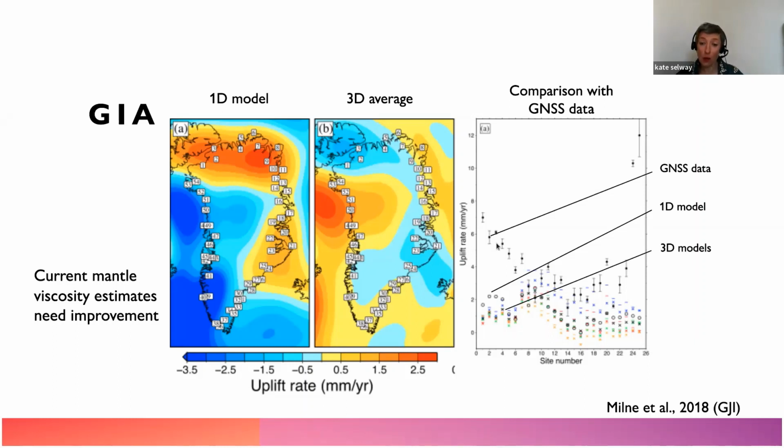So the observations are the black circles, 1D models are the open circles, and the 3D models are the coloured circles. And you see that actually none of it is matching the data well at all. So we need to account for these 3D viscosity variations, but we also need to improve our viscosity models and have better input into these things.